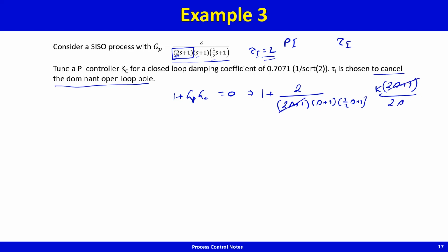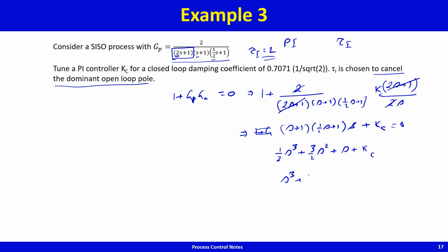These two cancel out, 2 cancels out, and therefore the characteristic equation turns out to be (s plus 1)(half s plus 1)s plus Kc equal to 0, and that will turn out to be half s cube plus 3 by 2 s square plus s plus Kc, which is actually s cube plus 3s square plus 2s plus 2Kc equal to 0.